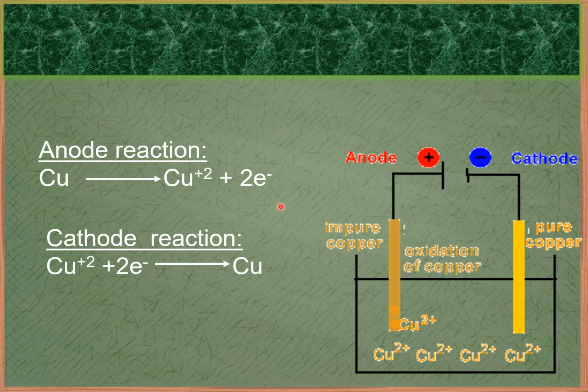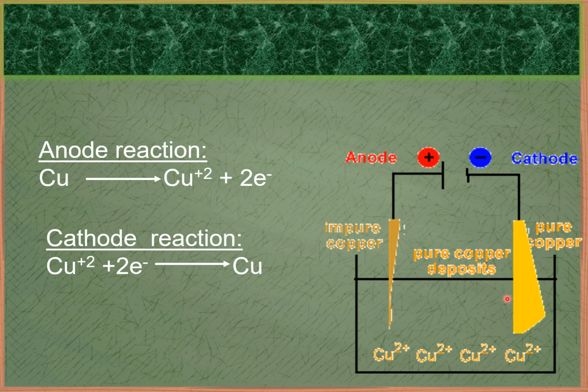Electro refining. An electrolytic cell is used in refining of the copper. In the electrolytic cell, this tank contains copper sulfate solution as an electrolytic solution. In this solution, impure copper bar is used as an anode and pure copper bar is used as a cathode.